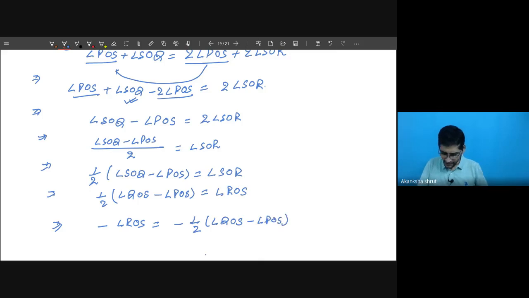See, it is along with the bracket, so minus was kept ahead. So this is being cancelled. So angle ROS is equals to half of bracket QOS minus angle POS. This way it is proved.